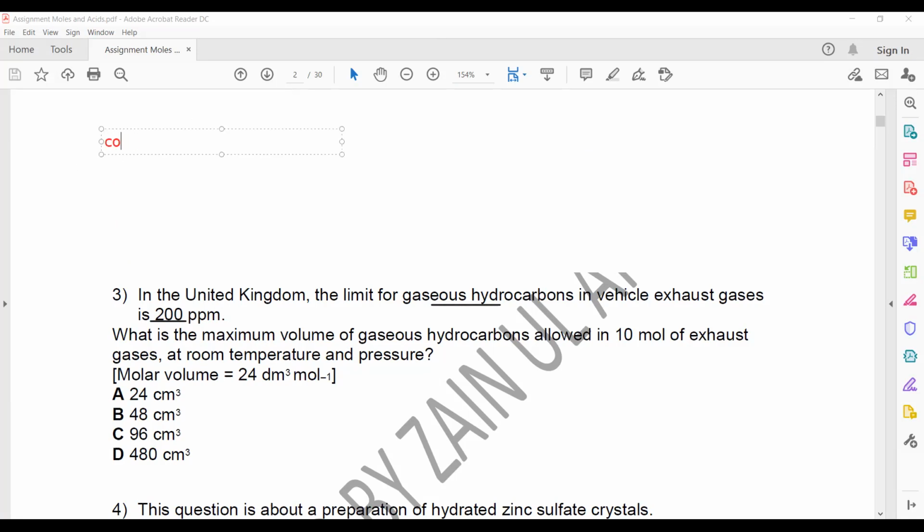So the concentration in parts per million, or ppm, is equal to moles of solute, or amount of hydrocarbon, divided by amount of exhaust gases, multiplied by 1 million.